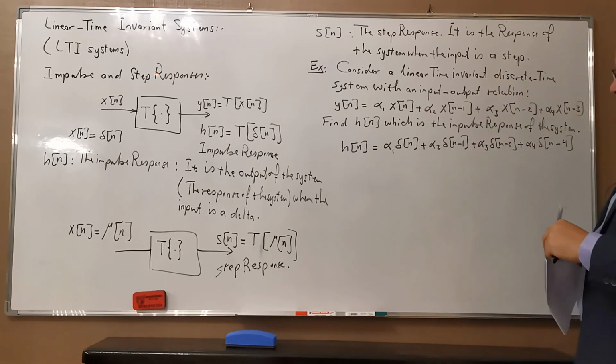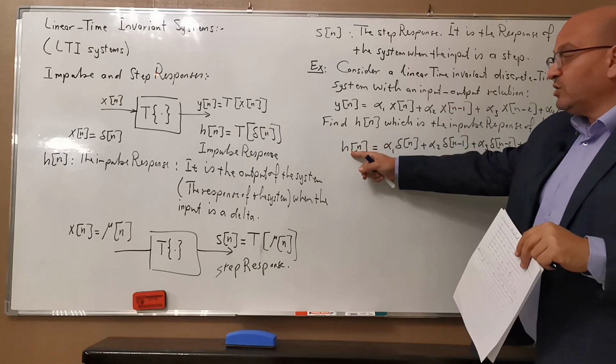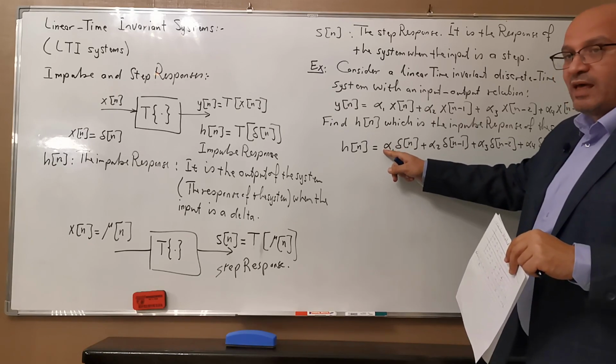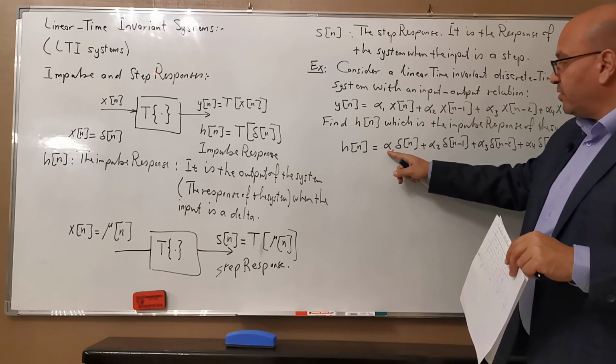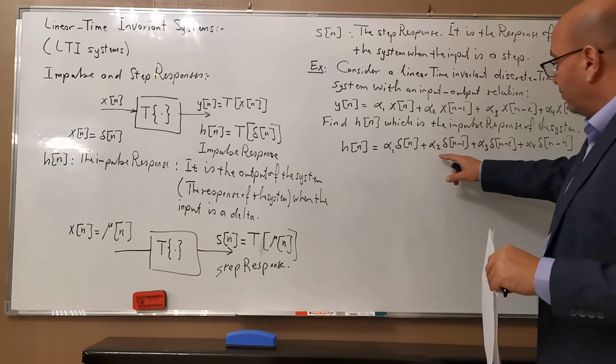You can see that this sequence, h of n, has a delta at 0 with an amplitude of alpha 1, a delta at 1 with an amplitude of alpha 2.